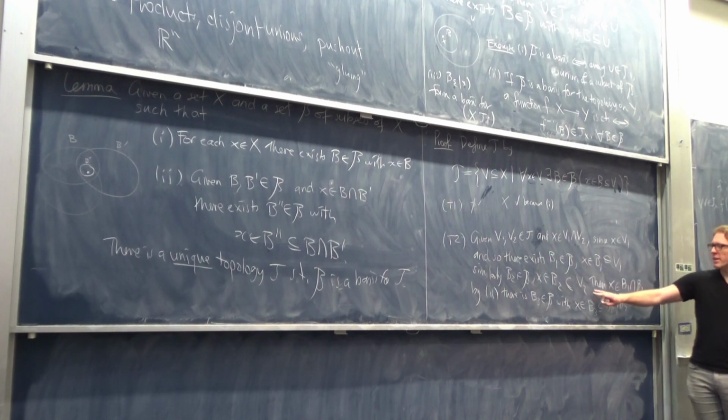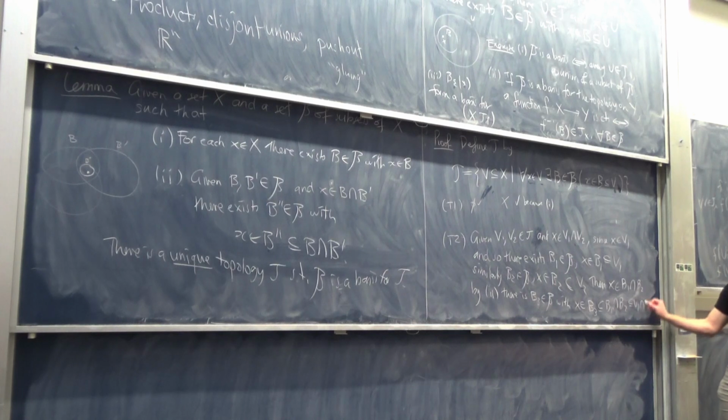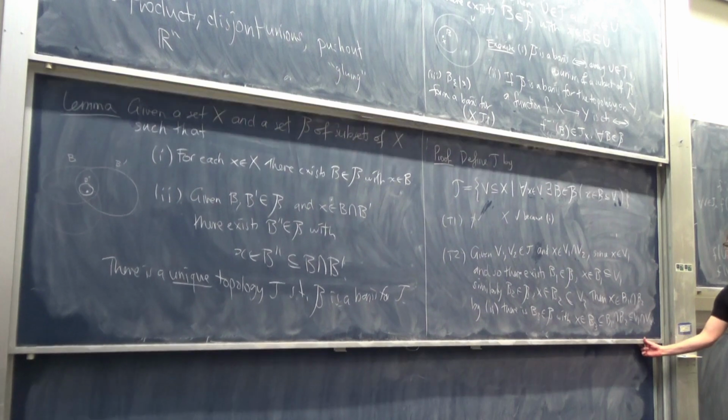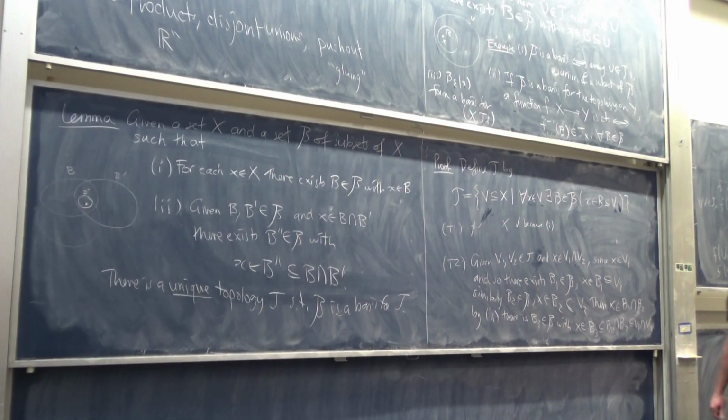But, well, B1 is contained in V1 and B2 is contained in V2. So that's contained in V1 intersect V2. And so I'm done, right? I produced a thing in B containing x and contained in V1 intersect V2. So that checks T2.